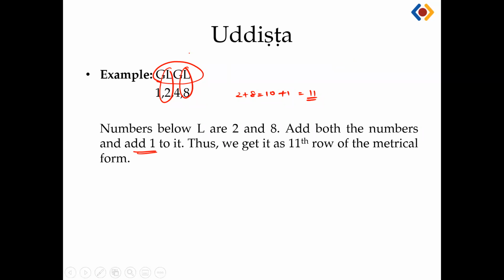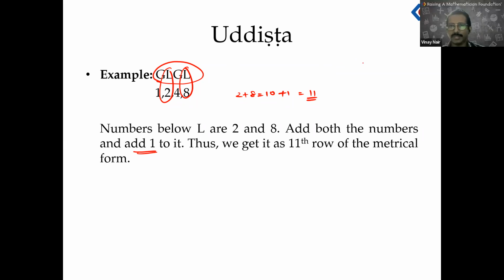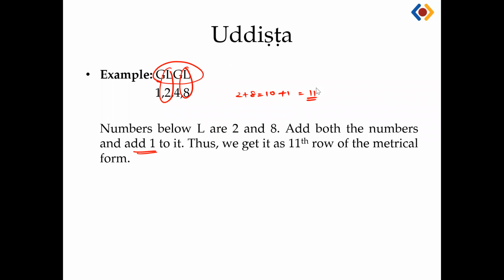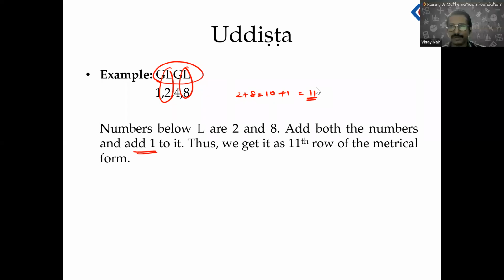Ritin? Sir, why are we just using L here and not using G? That is what we will see, the reason behind this. I don't know if you guys have seen the movie Matrix, very old movie. It's a Hollywood movie. In that, the hero, you should see that movie to understand.